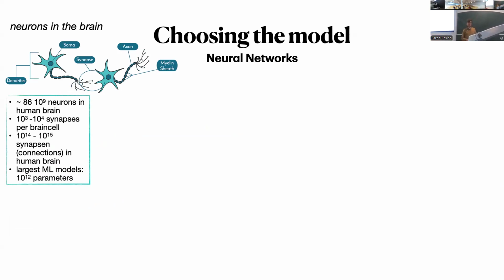What about neural networks? Well, as the name indicates, they are inspired by neurons. Here's a picture of a biological neuron, or 2 neurons, as they are in the brain. They consist of this cell with these axons that then have all these synapses, right?